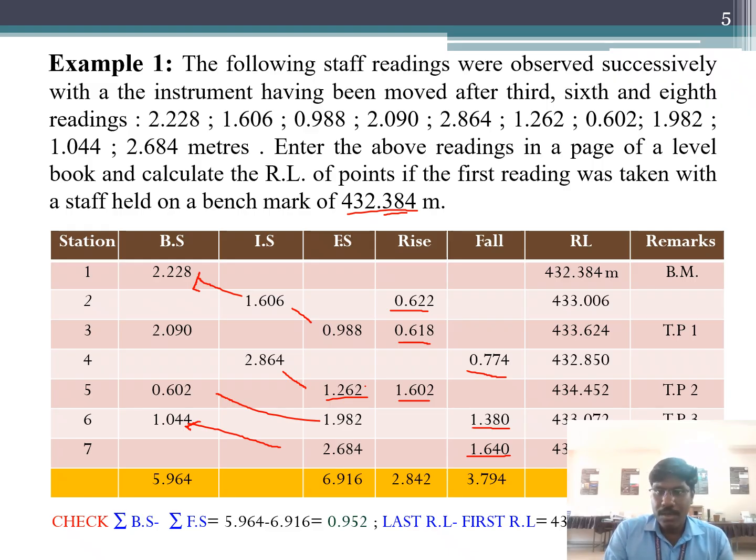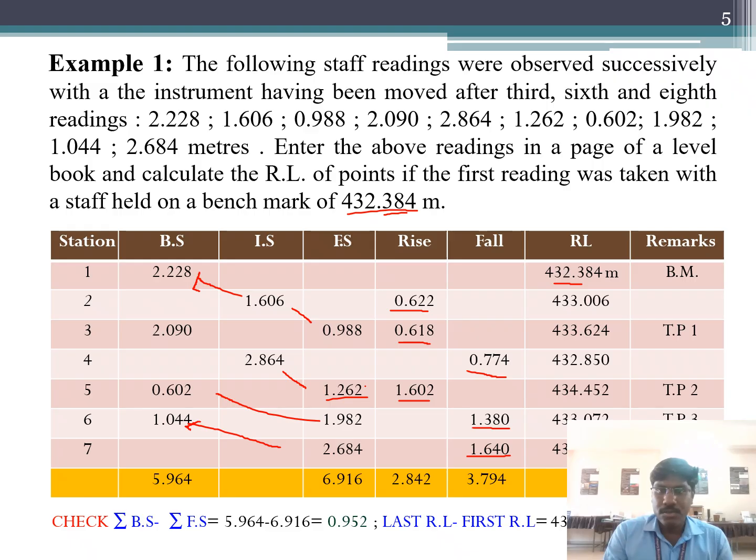Next we will see how we can calculate the RL value. The benchmark value of the first reading is directly written here: 432.384. If there is a rise value, you add it to this RL value. Now 432.384 plus 0.622, because here the value is a rise, so we add this value to the initial benchmark value to get 433.006.